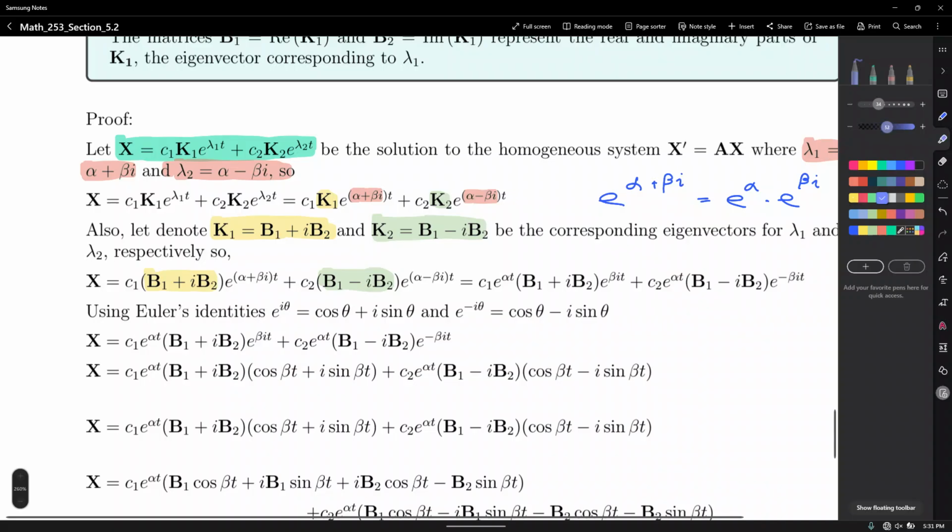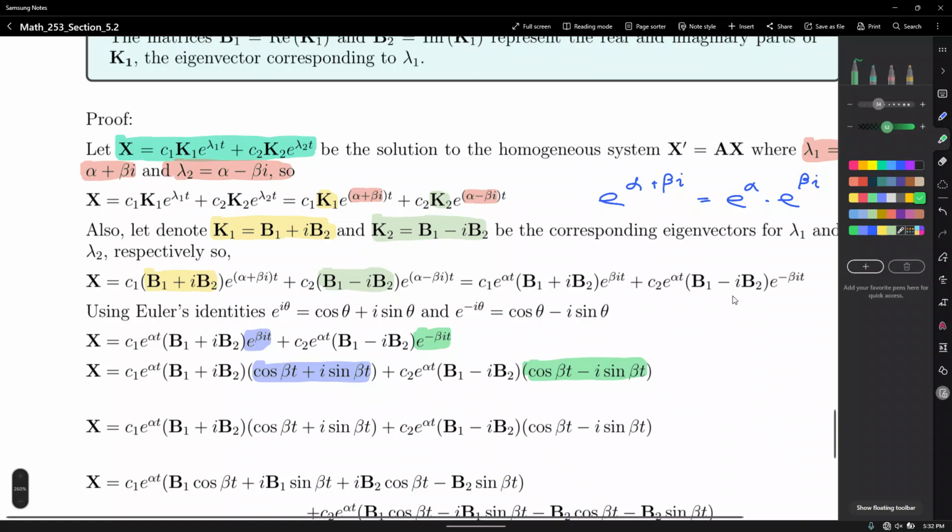How about purple for e to the i theta? That becomes this one. And how about green? This one right here gets replaced here. Just a substitution, that's all it is. What happened here? Looks like I just copied the same line, right? I didn't do anything interesting here.